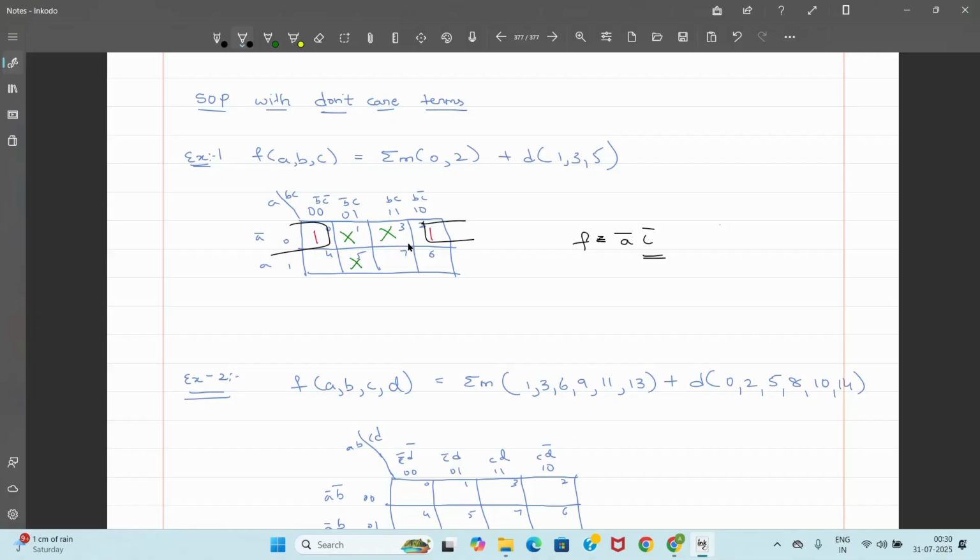So what you can do now is you can assume that this X is equal to 1 and you can make a quad instead of a pair. Okay, so you can take the help of these two don't care terms and make this into a quad, assuming that X is 1. So whenever you're solving SOP equations with the don't care terms, you can assume the X as 1 wherever required and take the help of that X to make a bigger group.